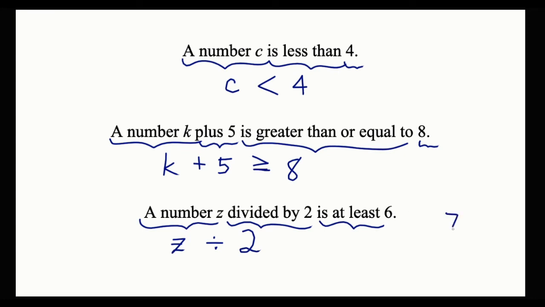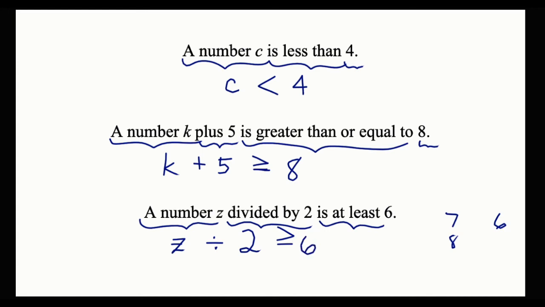Well, it could be 7, it could be 8, it could be anything greater than 6. Could it be 6? Yes, it could. If a number is at least equal to 6, then it could be 6. So this means Z divided by 2 is greater than or equal to 6.